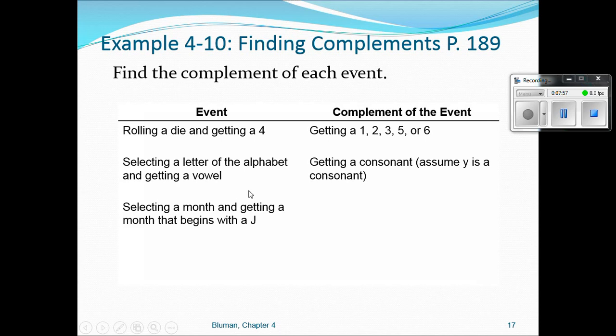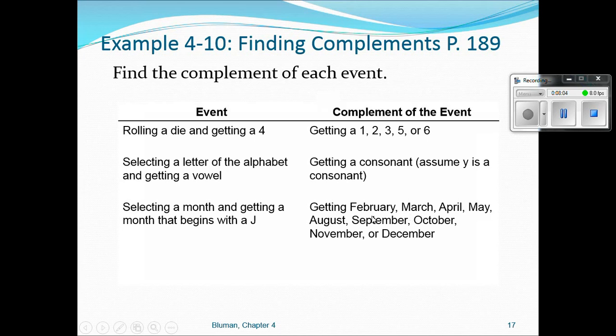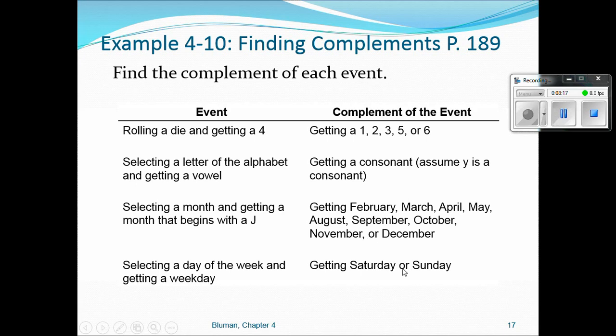Selecting a month that begins with J, the complement would be getting February, March, April, May, August, September, October, November, or December, a month that does not start with J. Selecting a day of the week and getting a weekday, the complement is getting Saturday or Sunday. So these are all complements.